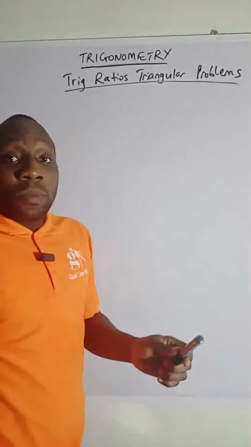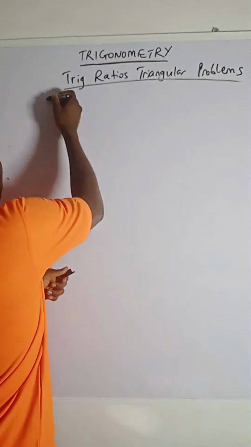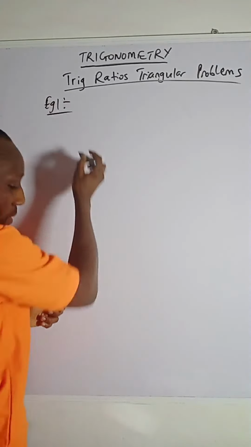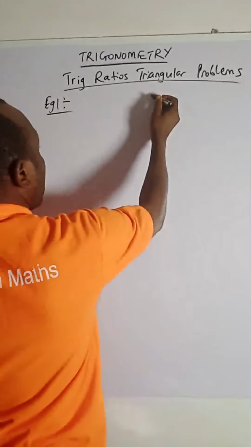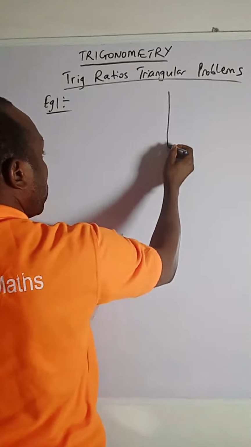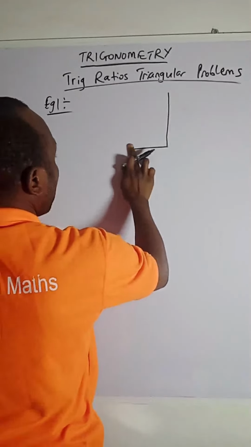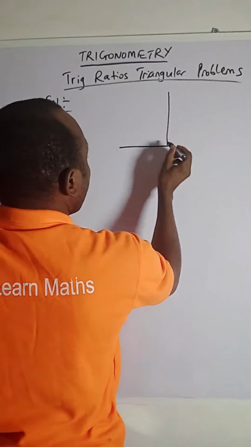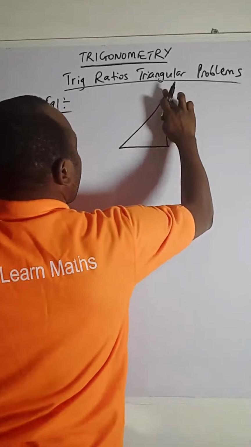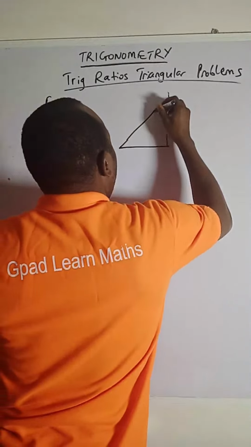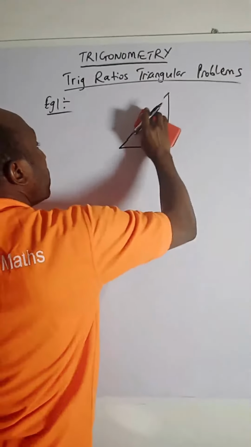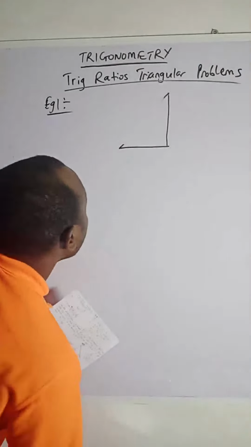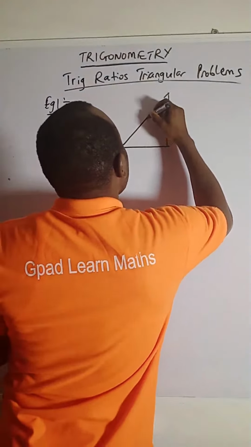Now, we'll just go straight to the example. So let's say example 1. For our example 1, we have this problem. This is a right angle triangle. It has to be well drawn. Even though it's not drawn to scale, at least it has to be good looking.